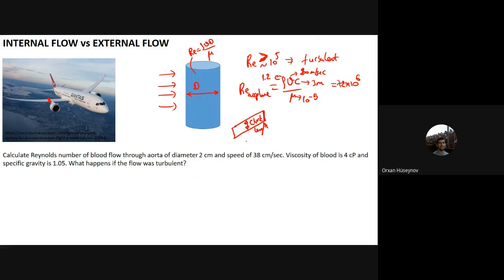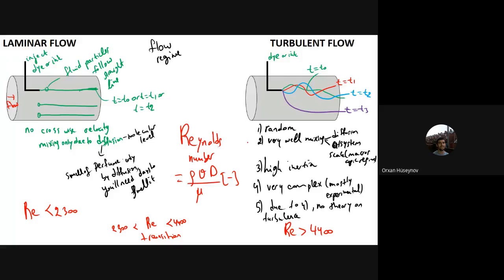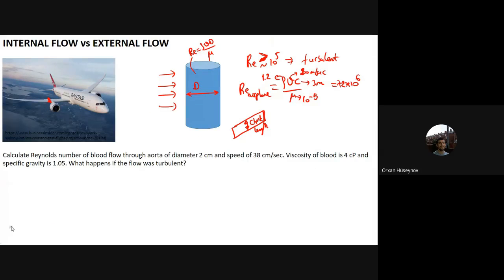So I can give you what turbulence feels like. There is a famous proverb that says you cannot know turbulence, but you can feel it. You can feel it in an airplane.